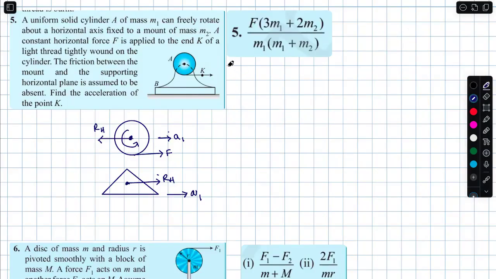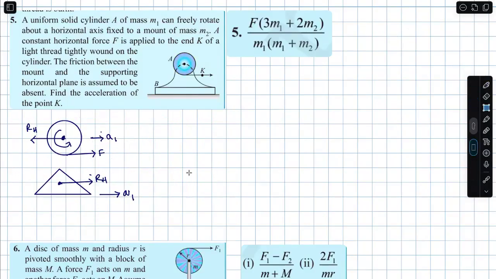Now please try to understand the equations properly. Right. Now F minus RH is M1A1. RH is M2A2. Now I'm applying the torque equation about this.